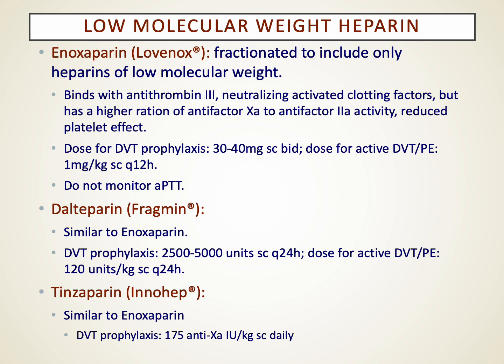And we don't usually need to monitor an APTT or a 10A level. Or is our treatment a high dose, usually a milligram per kilogram subcutaneously every 12 hours, for a patient who has a DVT or a pulmonary embolism? So you want to be clear on what the goal of therapy is.